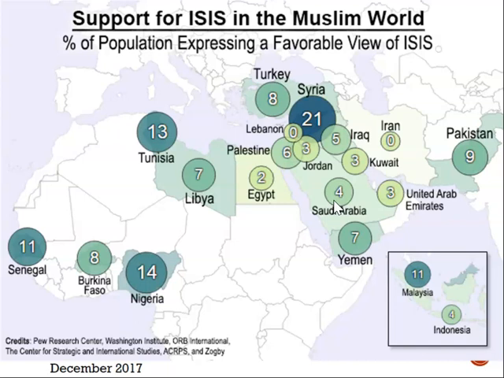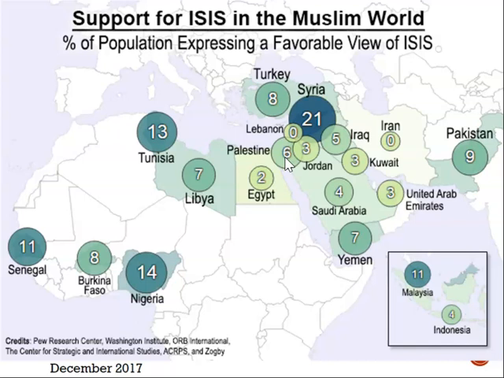Take a look at this. All these numbers are quite low. Only in Syria, which is the heart of ISIS, really, 21%. Lebanon, 0%. Iran, 0%. Jordan, 3%. Palestine, 6%. These numbers are surprising, I think, to most Americans, because we would think it would be overwhelming support for ISIS.